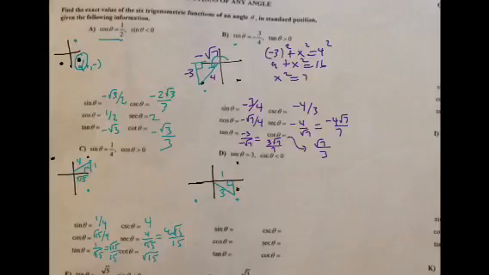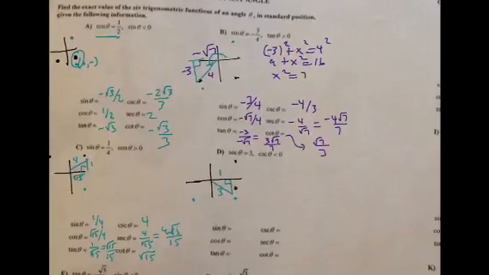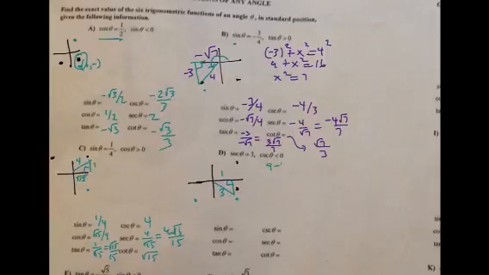So we're looking for y, so 9 minus 1, because 3 is the hypotenuse. So 9 minus 1 is 8. So y is the square root of 8. You simplify it as 2 radical 2. So it's going to be negative 2 radical 2, because it's in quadrant 4.